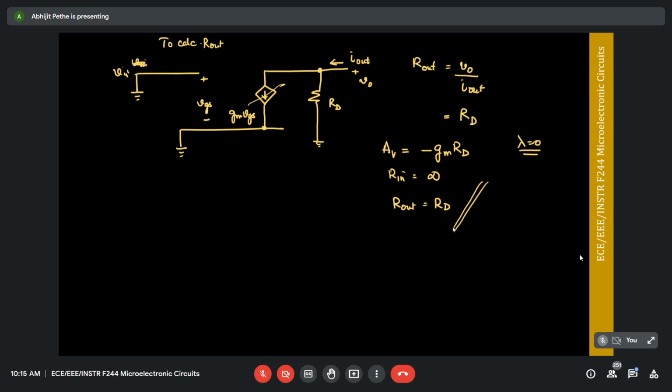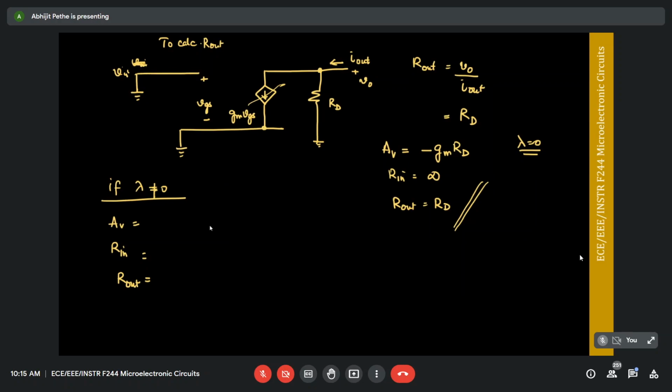Why don't you do this for me and tell me what happens? If lambda is not equal to 0, can you tell me what the values of AV, Rin, and Rout would be? Take 2 minutes and solve it. Same circuit, assuming lambda is not equal to 0.